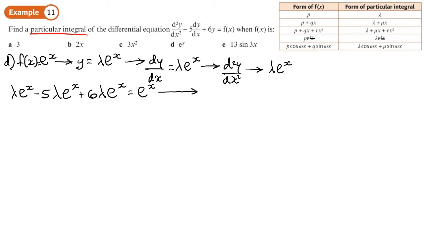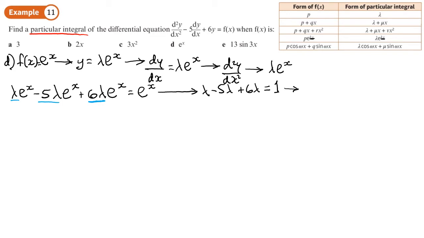So if we look at the coefficient of e to the x on both sides, on this side it's 1, so the coefficients on this side need to equal 1. So that plus that needs to equal 1. So I'll write that down, lambda minus 5 lambda plus 6 lambda has got to equal 1. The coefficients have got to balance on both sides. Now that will give us, I think it's 2 lambda.